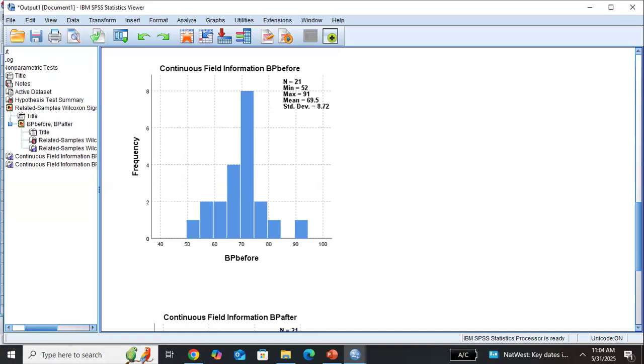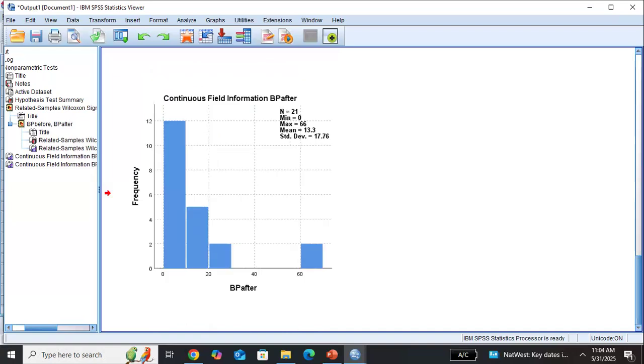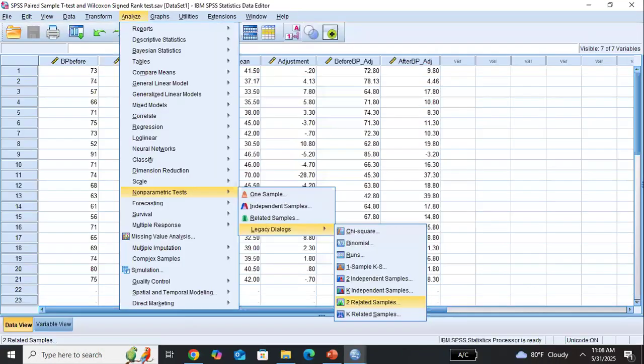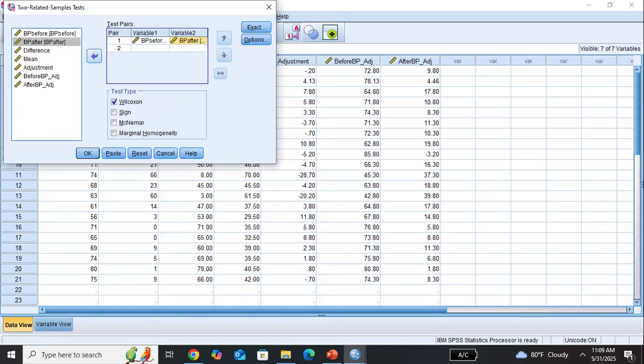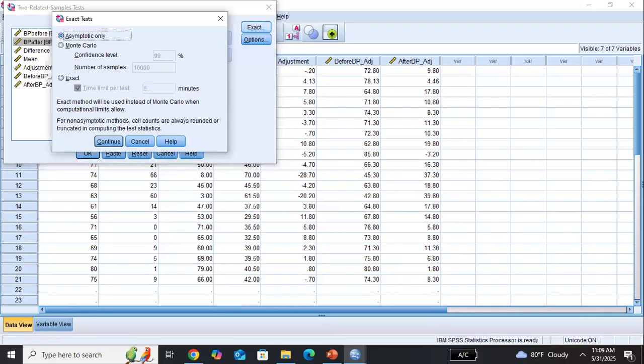So again, that's the old concept which we have discussed. You can go towards related samples, or you can go to the legacy dialogs and choose two related samples. You will have this dialog box which will open, and here you can choose different tests, BP before, BP after.